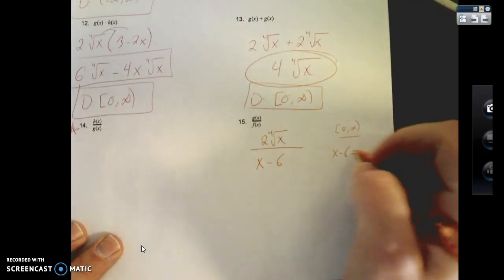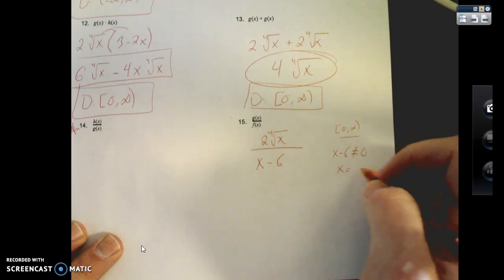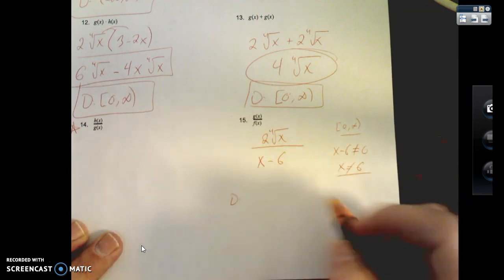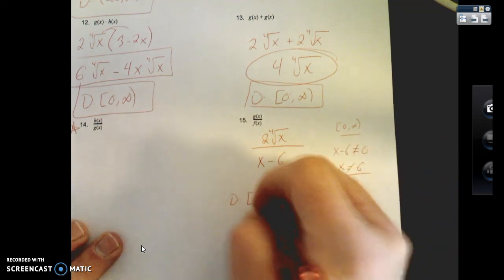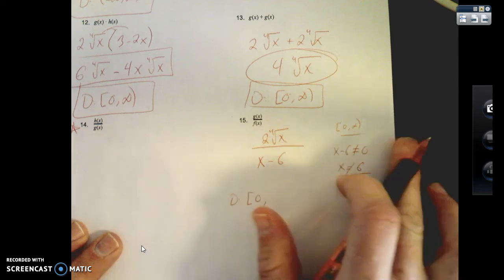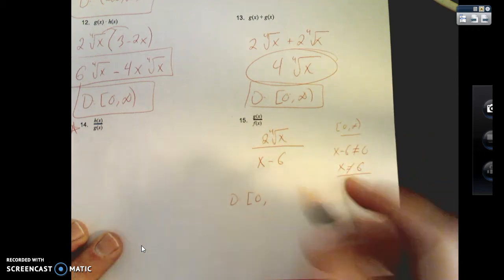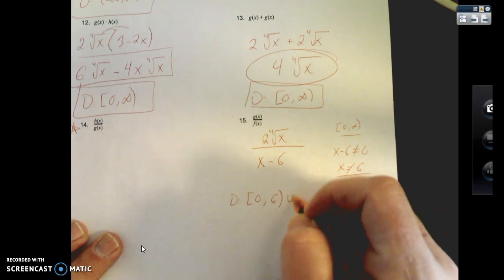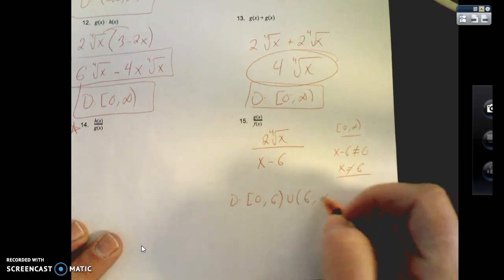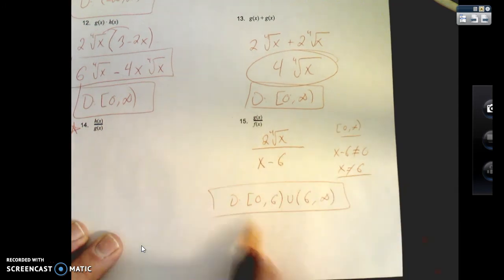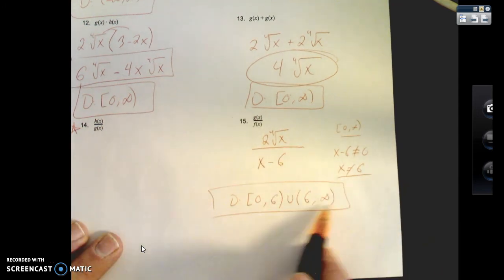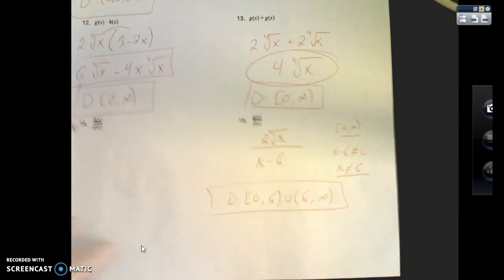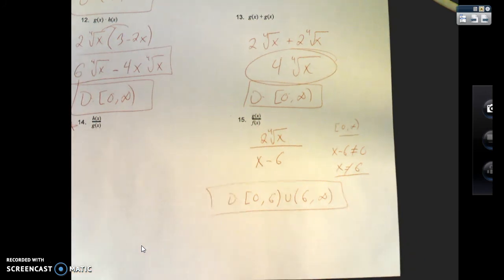X minus 6 cannot equal 0, so I also can't have 6. So think about how I write my domain out for this one. I'm starting at 0, and instead of going right to infinity, I cannot include 6. So I put 6 here with a parentheses, union 6 to infinity. So what you're saying is you're starting at 0, going all the way to infinity except for 6. Once interval notation sinks in, it's actually really simple to write things out.